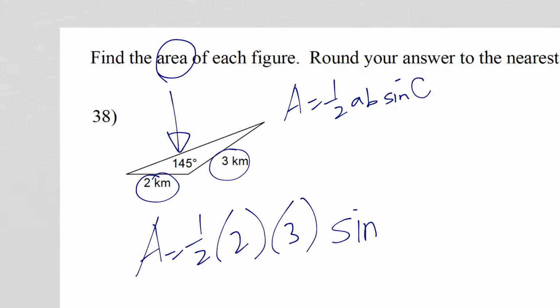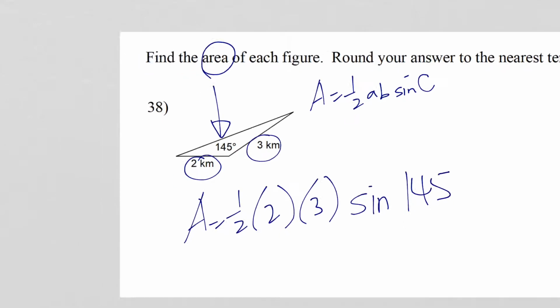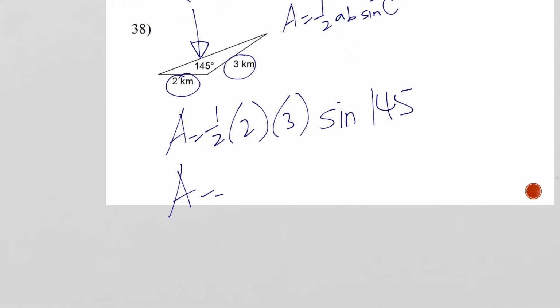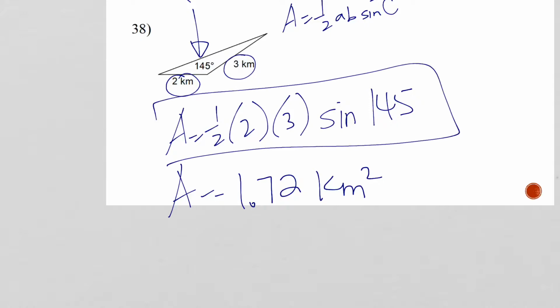The angle given is 145. So now I'm just going to type this into my calculator and see what it gives me. And if I type this in correctly, I should be getting 1.72 kilometers squared. If you guys have a scientific calculator, type that in and make sure, because I'm using the calculator online. So double check if you have a calculator.